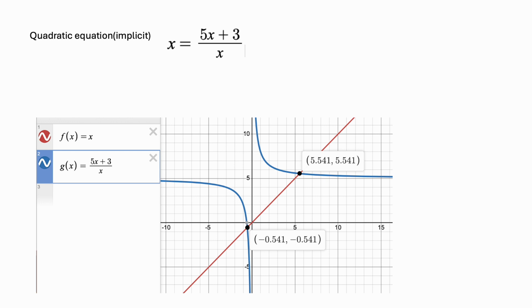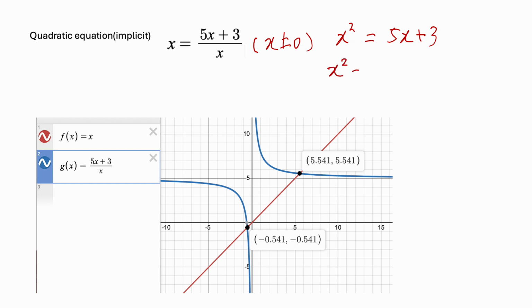If we want to solve them without using the graph, firstly, there is a hidden condition of the domain: x is not 0. Then we multiply by x for both sides. So left-hand side we have x squared, and right-hand side we have 5x plus 3, and then we can move the right-hand side to the left.